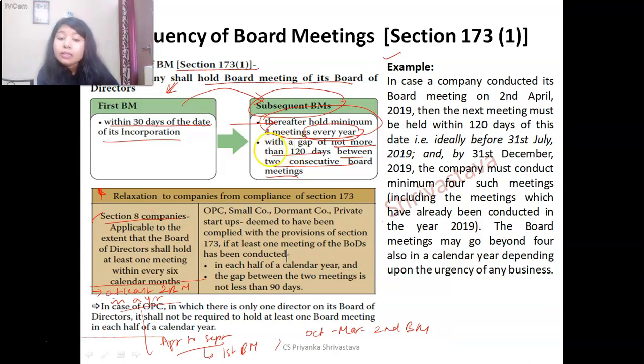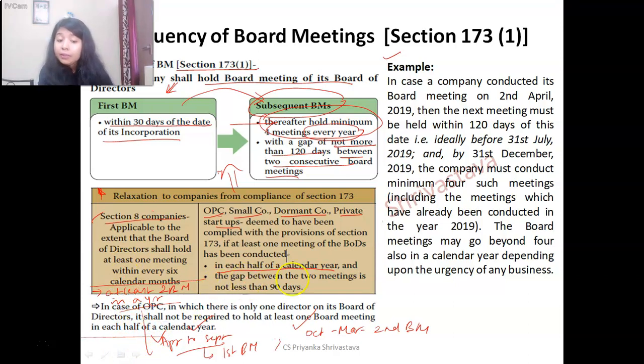So the next thing is the OPC, one-person company, small company, dormant company, and private company startups, not all private companies. The startup ones need to comply with the above provision if they have conducted a board meeting in each half of the calendar year, that is at least 2 board meetings in a year, but in a way which falls in each half of a calendar year that I had explained here.